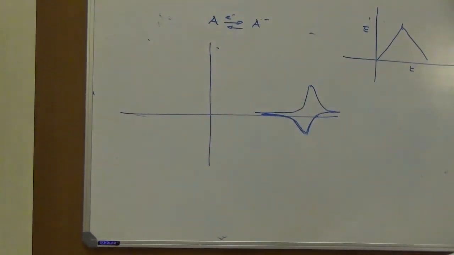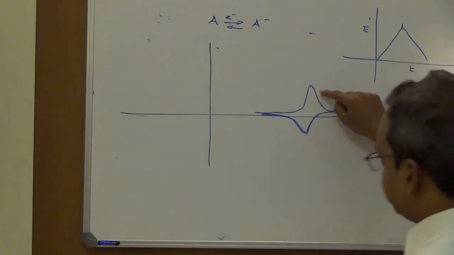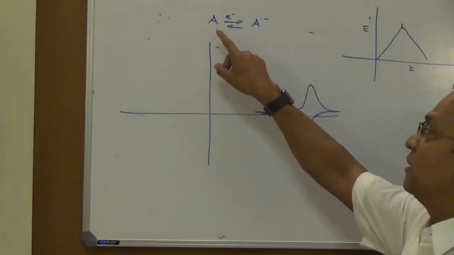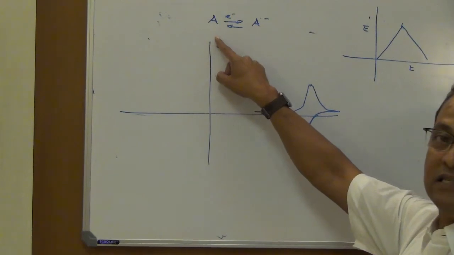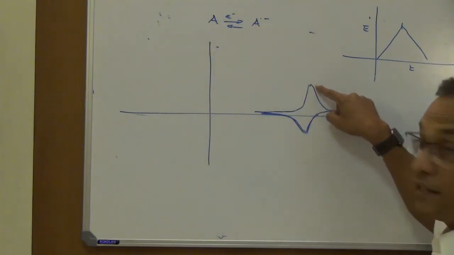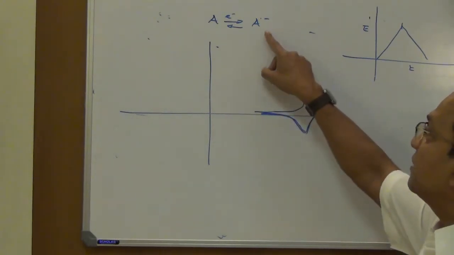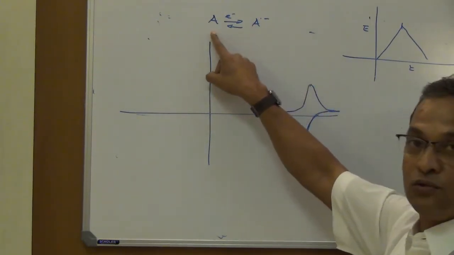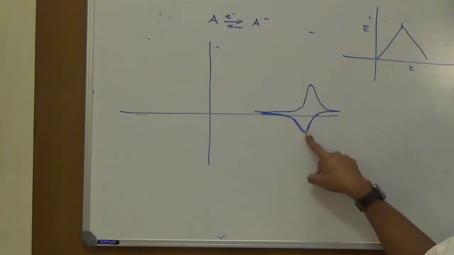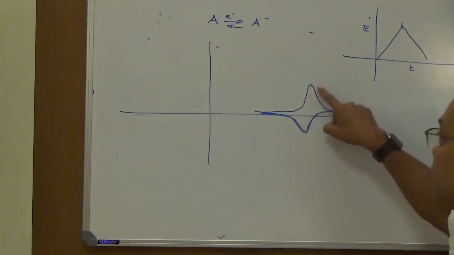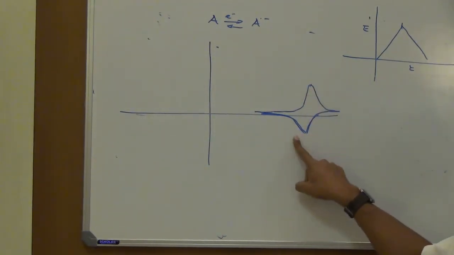That means my system is reversible. Here this anthracene molecule is getting reduced into an anion radical, and then after reversing the potential, this anion radical is getting oxidized back into anthracene. That's why you get another complementary reversible peak, the cathodic peak and the complementary anodic peak.